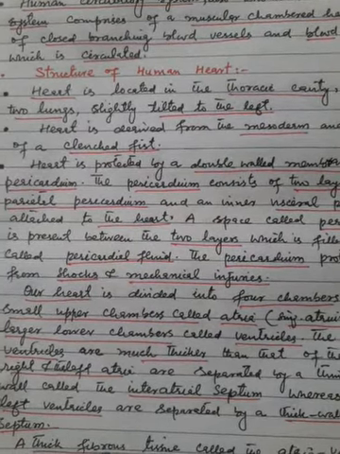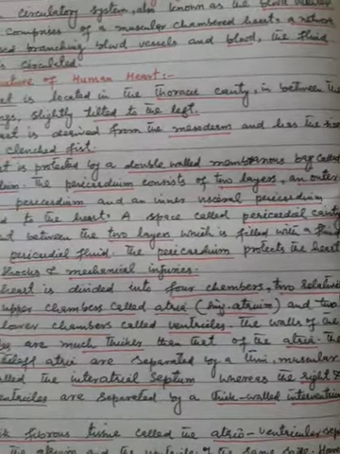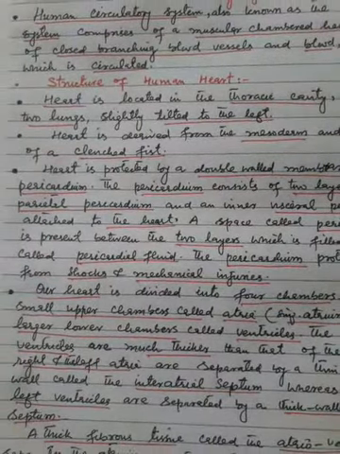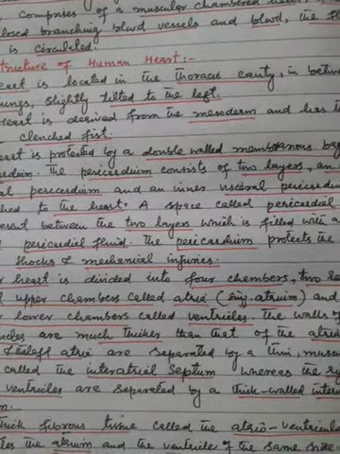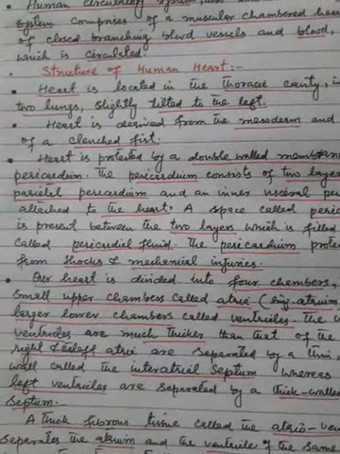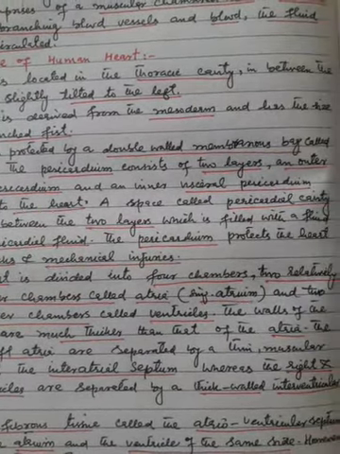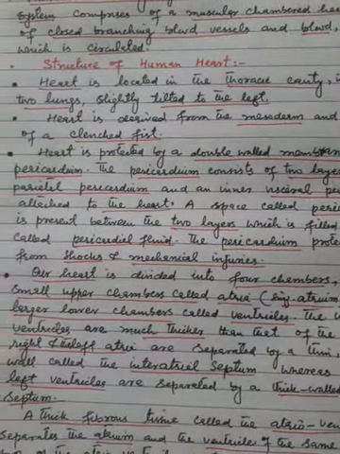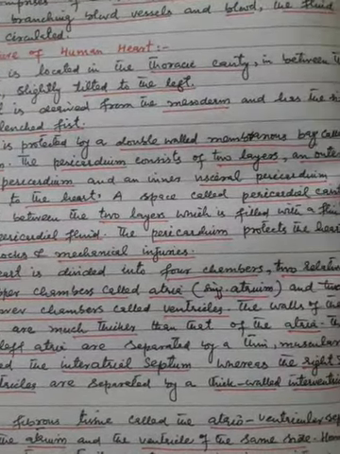Our heart is divided into four chambers: two relatively small upper chambers called atria, singular atrium, and two larger lower chambers called ventricles. The walls of the ventricles are much thicker than those of the atria.